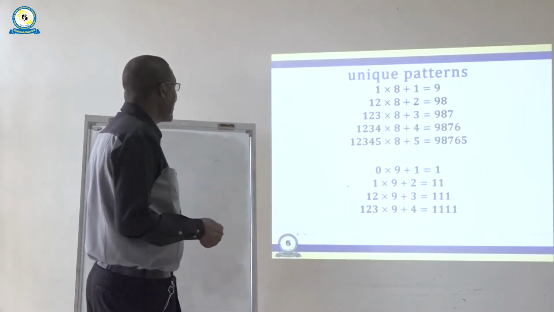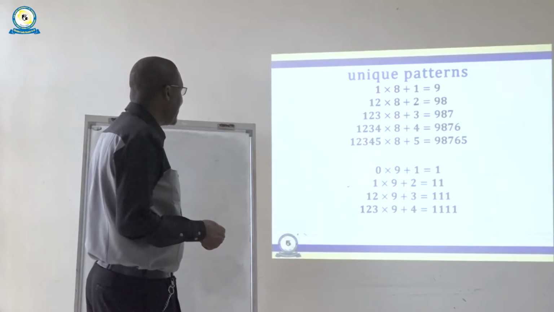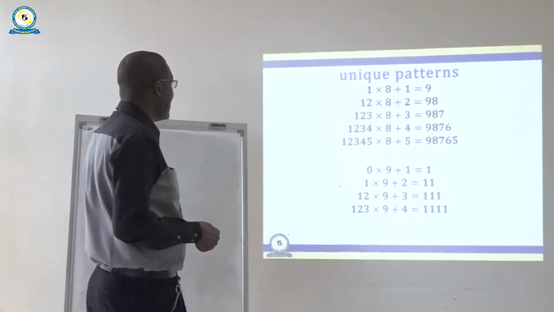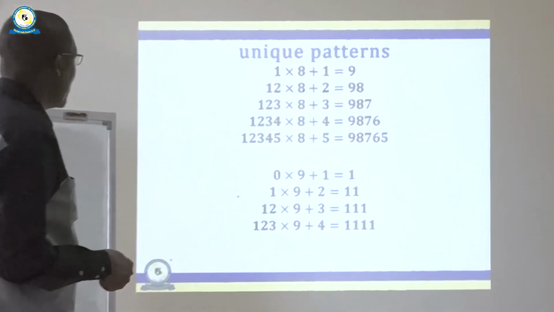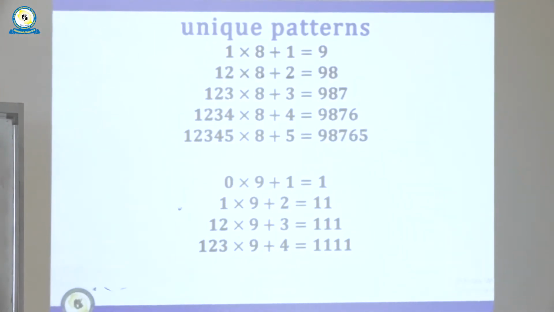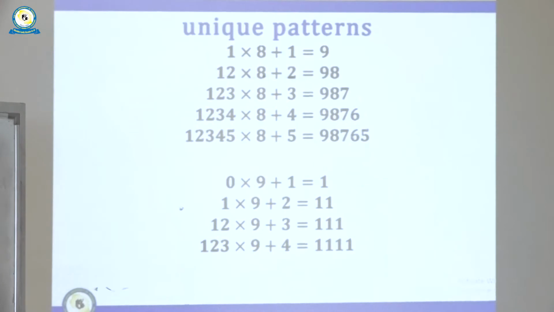You may find that 1 multiplied by 8 plus 1 is equal to 9. It is true. Then 12 times 8 plus 2 is equal to 98. 123 times 8 plus 3 is equal to 987, etc.